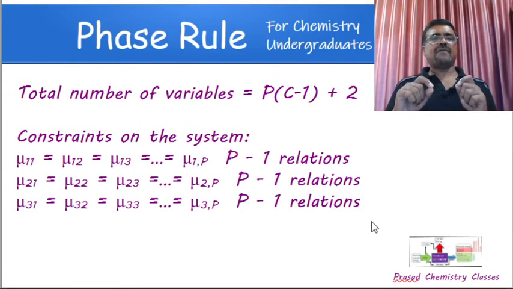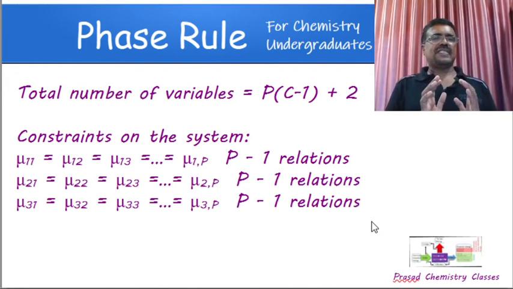So the total number of composition variables will be P into C minus 1. Plus, we have to fix the pressure and temperature also if the system is at equilibrium. So we have to know that also. So the total number of variables is P into C minus 1 plus 2. P into C minus 1 is the composition variables and 2 is the temperature and pressure variables.